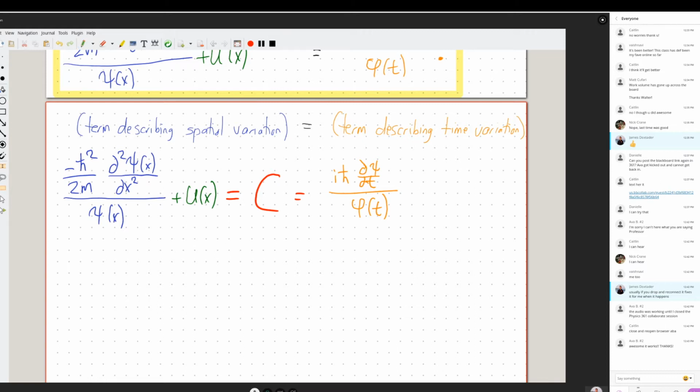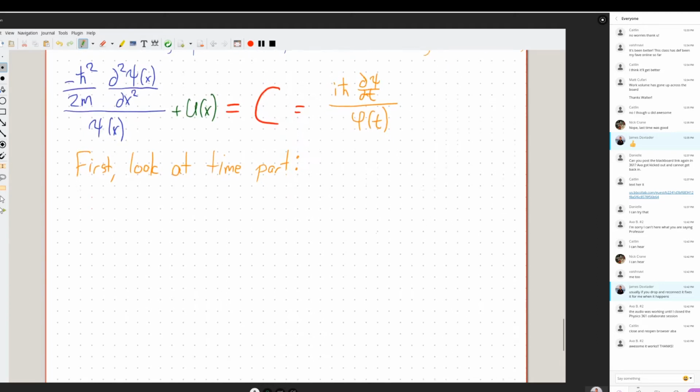We're going to first look at the time part. So, what does it mean?